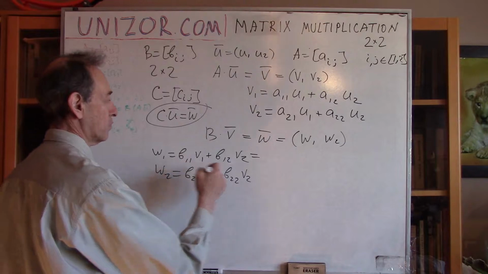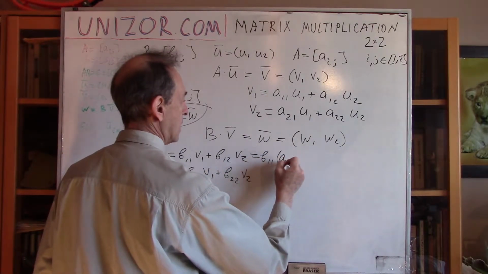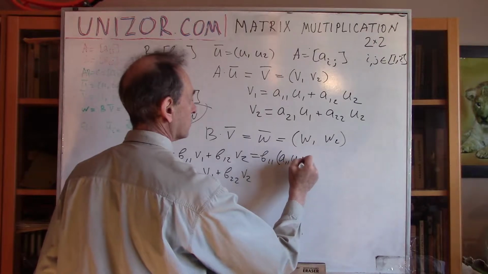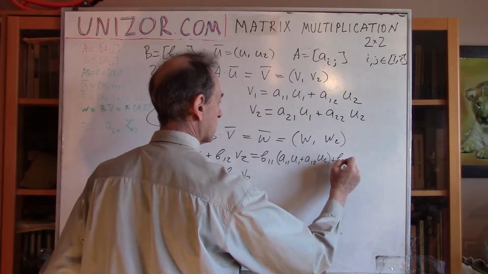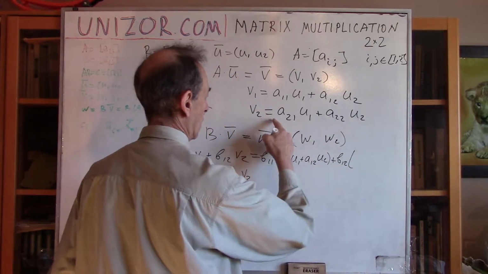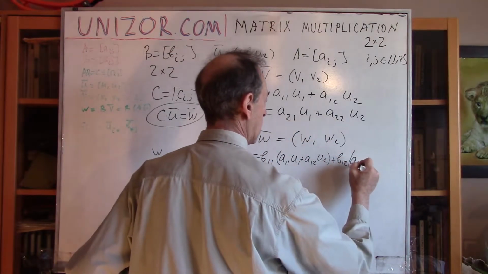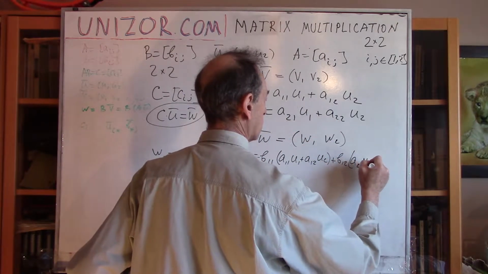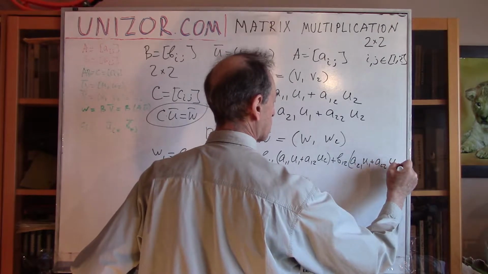So it's B11 times (A11 U1 plus A12 U2) plus B12 times V2. V2 is this: A21 U1 plus A22 U2.